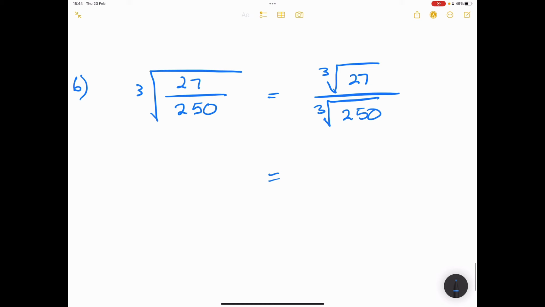And we know that the cube root of 27 would simply give me 3. Or I can write 27 as 3 cubed, raised to the exponent 1 over 3. So I've changed 27 to 3 cubed, but I know that the cube root would be 1 over 3.